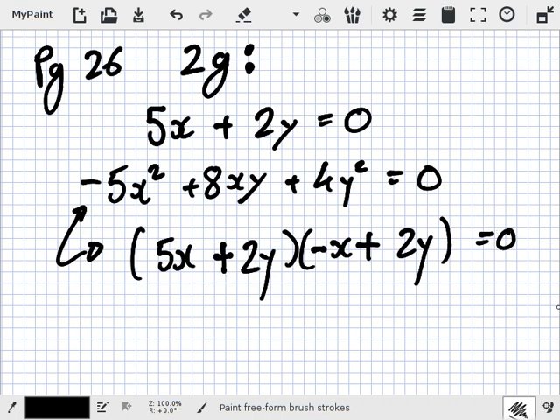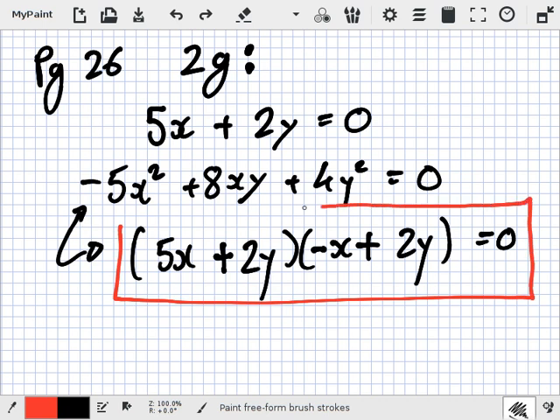Now, this is kind of an interesting question because this equation here tells us absolutely nothing. Now that might be interesting. You might think, what is making me throw this equation away?